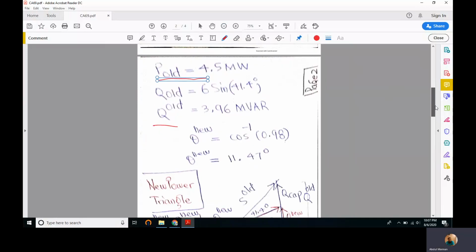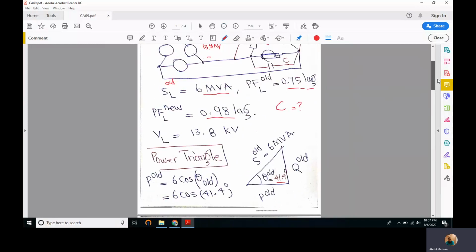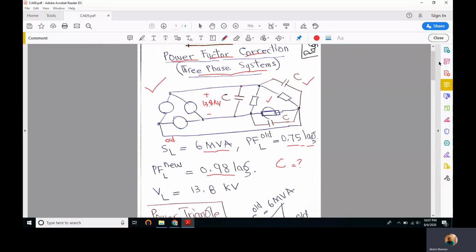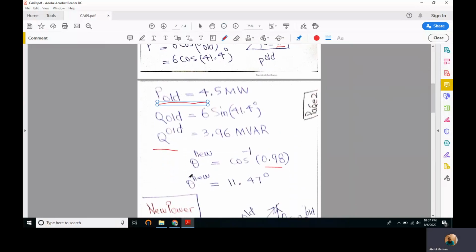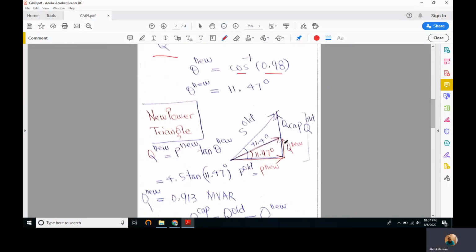Now the new power factor is 0.98, which we want to obtain by introducing these three capacitors. To do that, we first obtain the new angle theta new by computing the inverse cosine. So now we have this complicated triangle. This triangle contains the old triangle, the blue one, and the new power triangle, the red one.